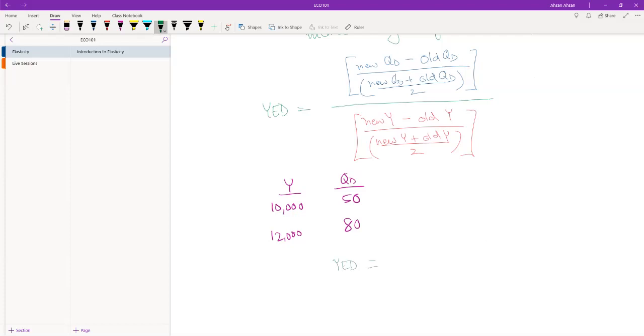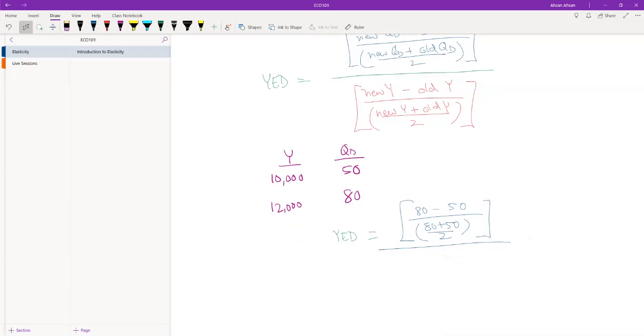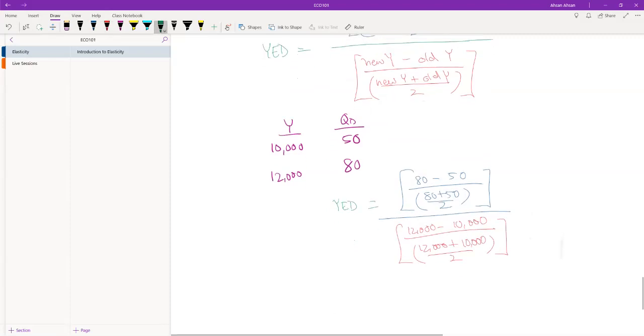So YED is equal to, I'll use the same color of ink, new QD minus old QD divided by 80 plus 50 by 2. This whole thing is going to be divided by the income, so new income minus old income divided by this whole thing, right? It's pretty straightforward, just putting numbers in there.